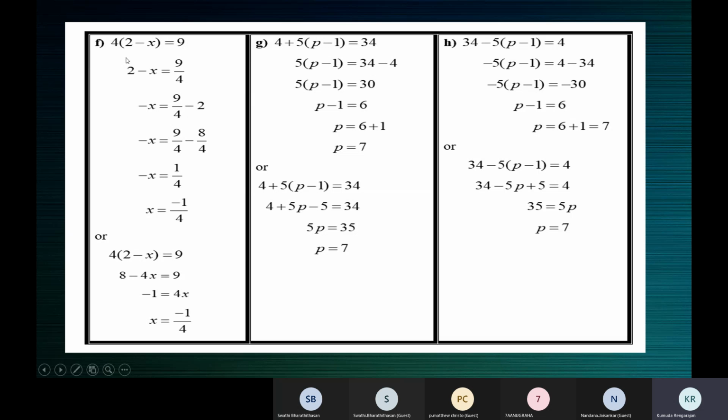I've been talking all the while. Am I audible? Yes, ma'am, you're audible, ma'am. Volunteer children, please tell me what's the first step in the first method. Ma'am, we... Speak louder, Nandana.